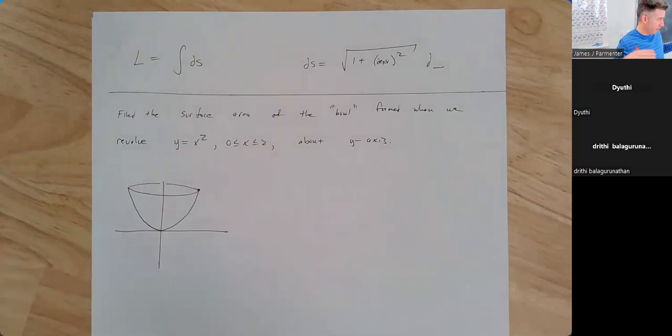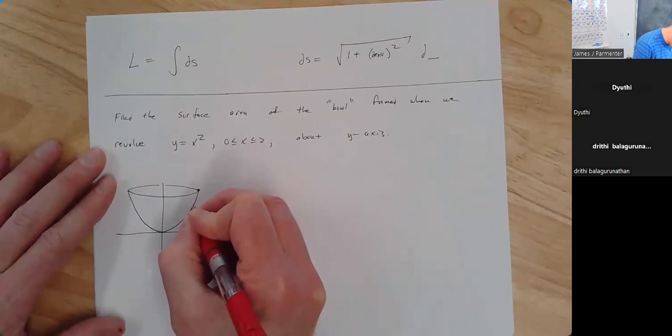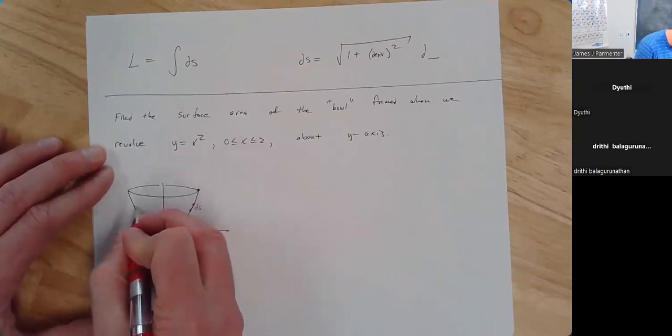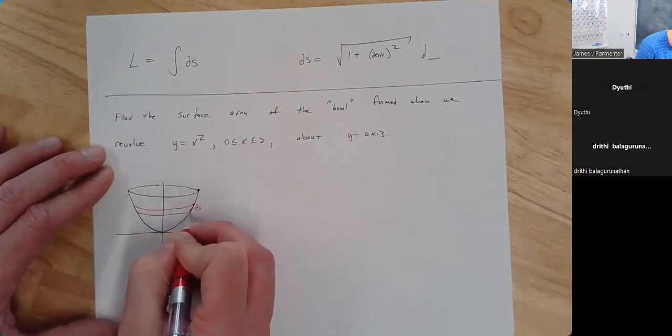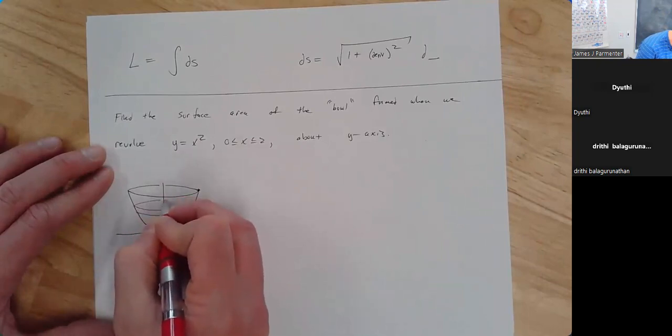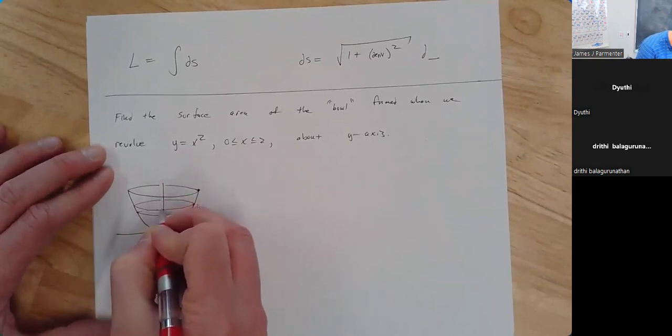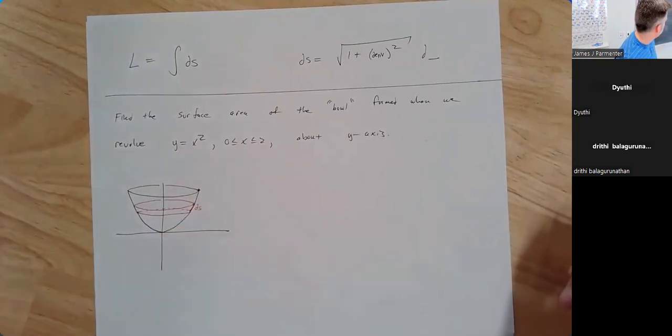So when I think about my slices or my strips, I'm taking a little bit of the length here. There's a little bit of ds, and I'm figuring out how much area there is when I sweep that length around my bowl. Question?